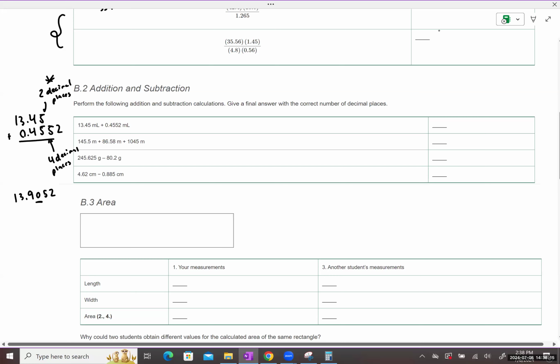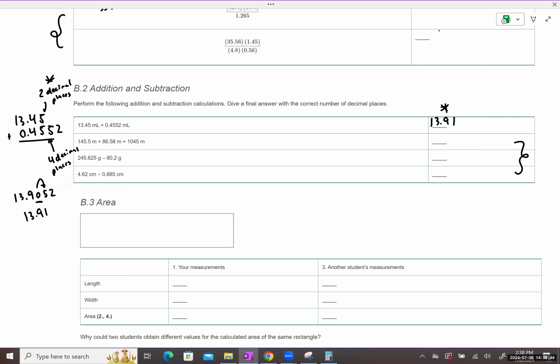Because we have to round this answer to 2 decimal places, we look 1 space to the right. 5 is greater than or equal to 5, so we round up, and that in turn gives us 13.91. Okay, wonderful. Again, you'll complete the remaining examples independently, as I want to make sure you get some practice on these concepts.